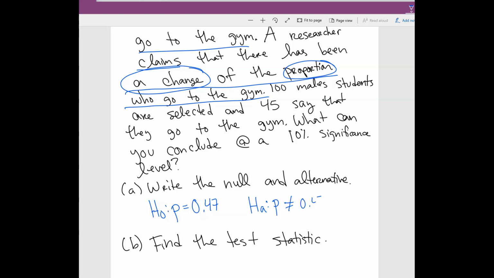If you read a problem and it doesn't say increase or decrease, or you can't really tell, it's probably going to be not equal to. A change, a difference, we don't know if that's an increase or decrease, so we say not equal to. It can be either an increase or a decrease. That's basically all it is for the first one.